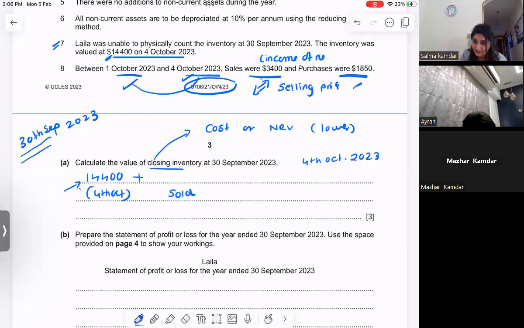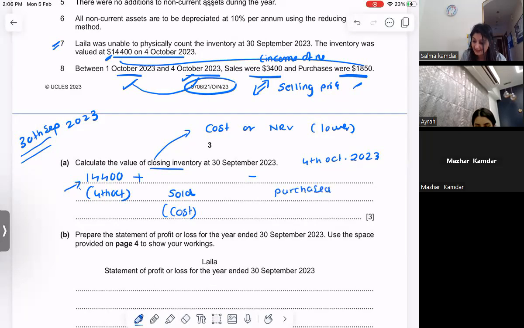And what I purchased would be included in this 14,400, so I will minus what I purchased.